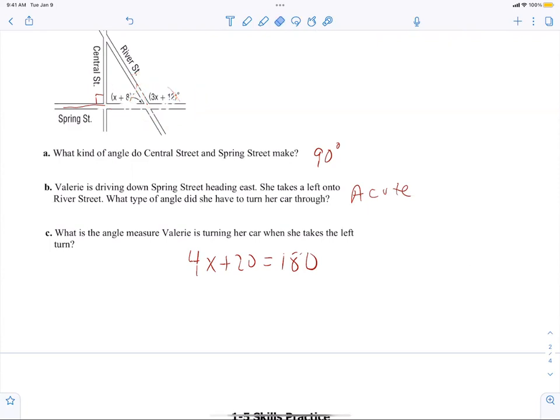You agree with me? Makes a line, right? So 4x plus 20 equals 180. So tell me again what x is. 40. So what angle did she turn at? 48 degrees. She turned her car at 48 degrees.